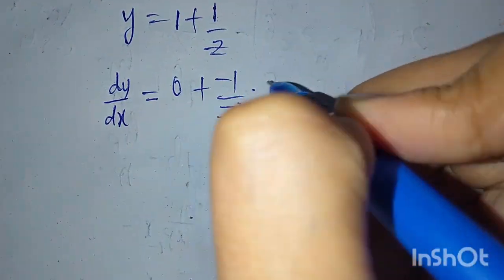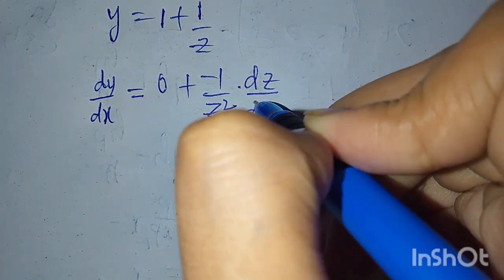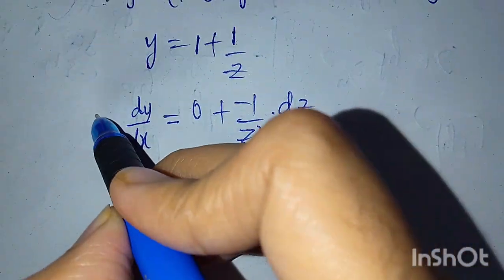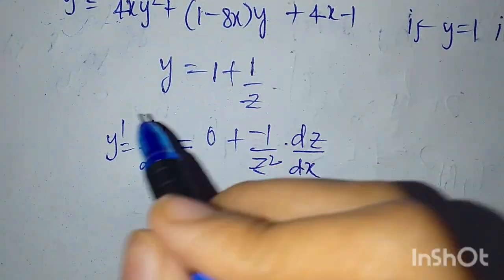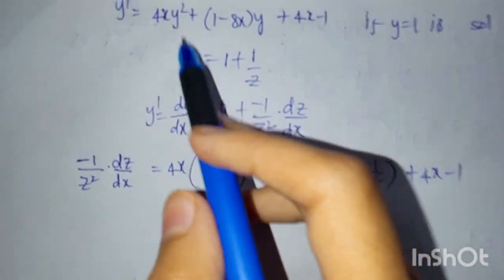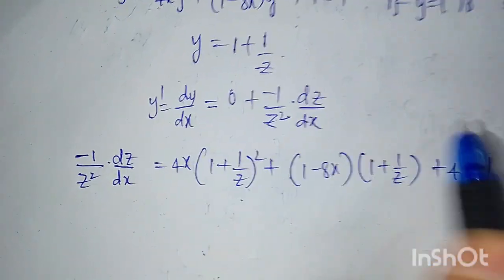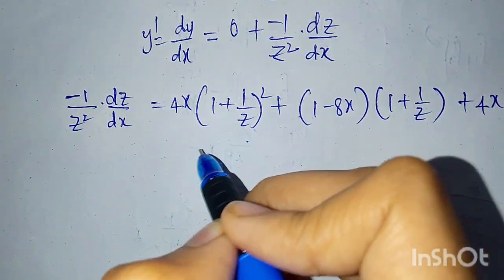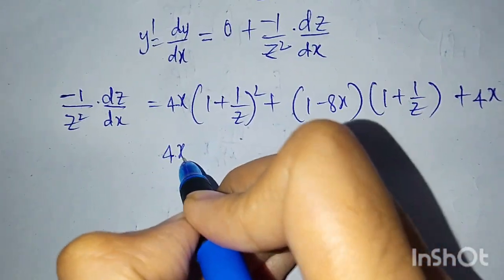So now I'll substitute y and y dash in the equation. Okay, I substituted in this equation in place of y and y dash. Now we have to multiply. So this will be 1 plus 1 by z, 4x plus 4x by z square plus 2 by z.